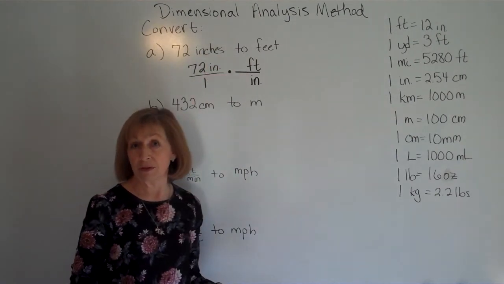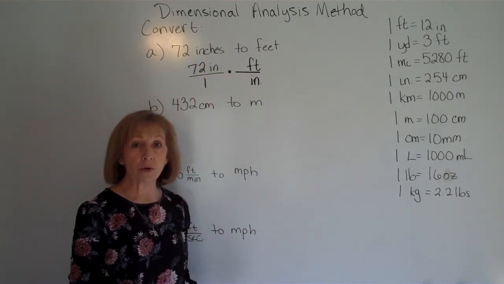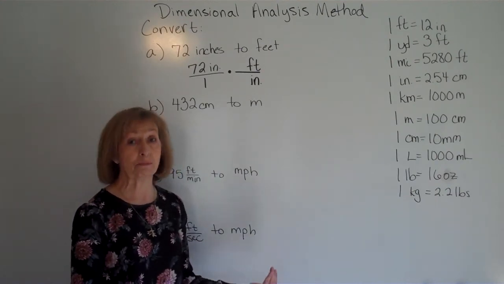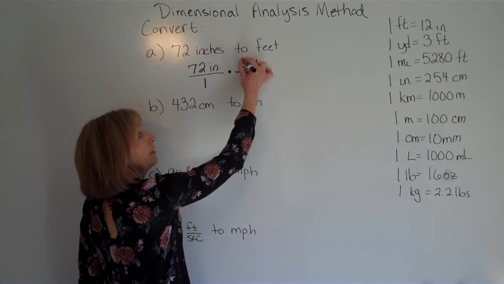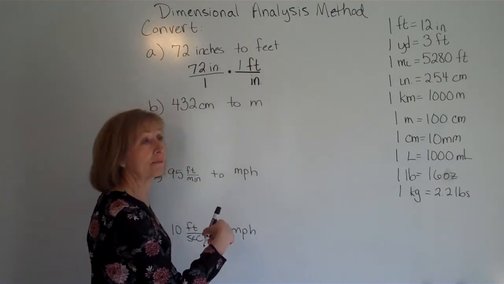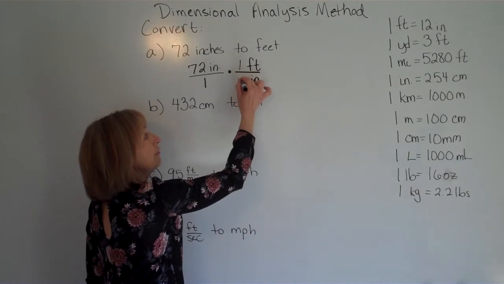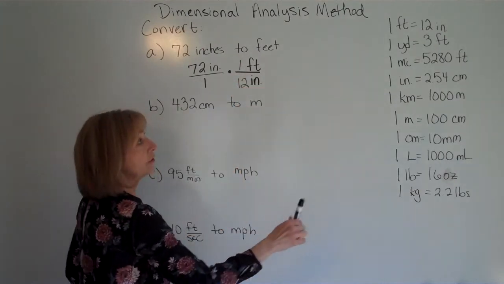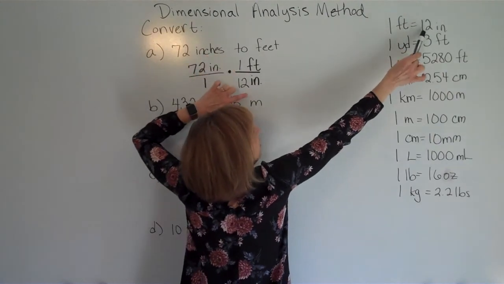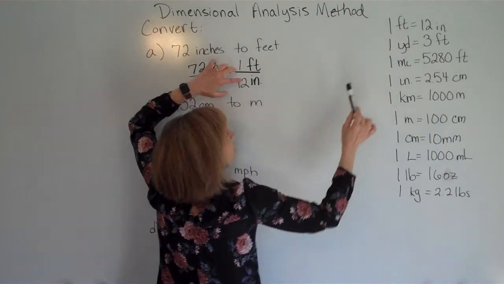When you're comfortable with the units, ask which one is bigger, a foot or an inch? A foot is bigger, so I give the foot the number 1 and then say how many of the little units make up that big unit. Are there 12 inches in 1 foot? So I have 1 foot and 12 inches, equal to each other.